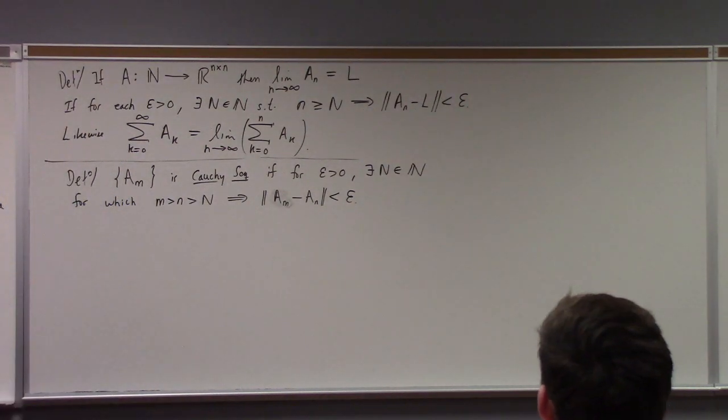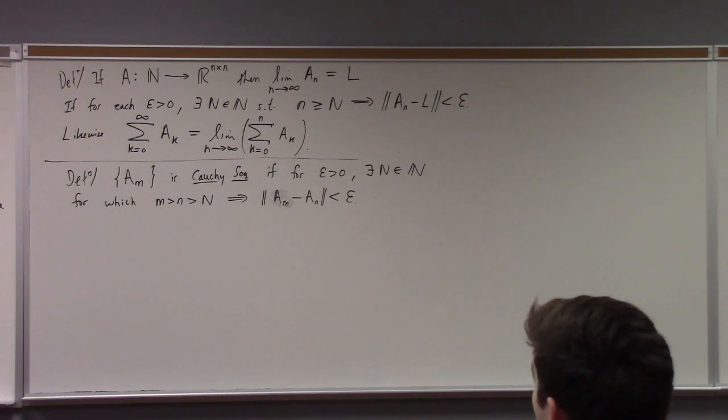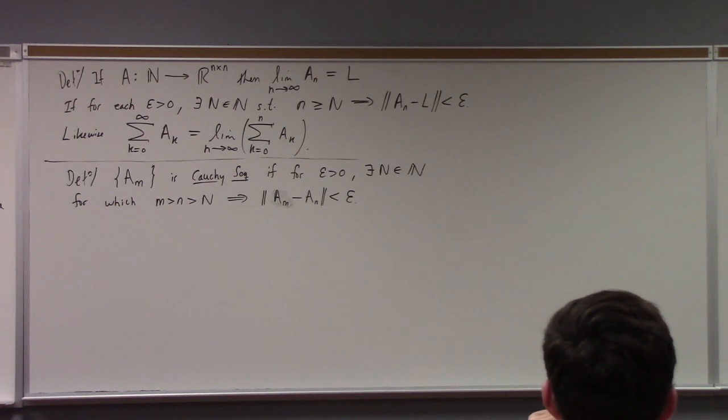This is the definition of a Cauchy sequence. What it's saying is that you can get far enough out in the sequence so that subsequent values in the tail of the sequence can't be more than epsilon apart. All right?